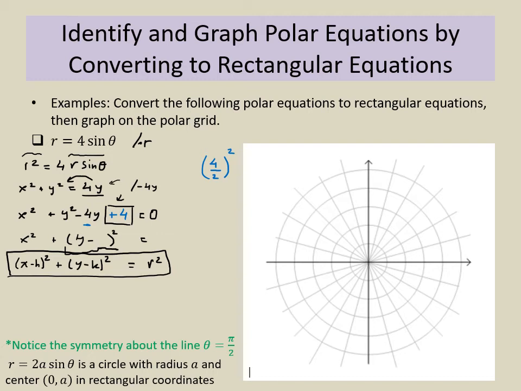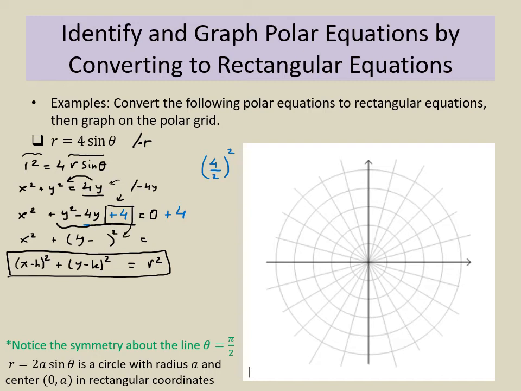Very nice, very convenient, but we can't just add 4 to one side of the equation, right? This is the left-hand side. I also have to add 4 over here to the right-hand side. So that is how we complete the square. You add whatever number you need to both sides of the equation. And what complete square does that give me? y squared minus 4y plus 4. That's a perfect square trinomial.